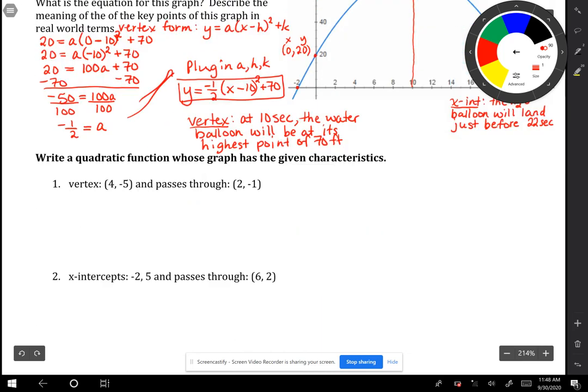All right, let's do 2 more examples of the same kind just to make sure that we know how to do it. So write a quadratic function whose graph has the given characteristics. You are given the vertex, you're given a point, so you want to use vertex form. Just an additional example.